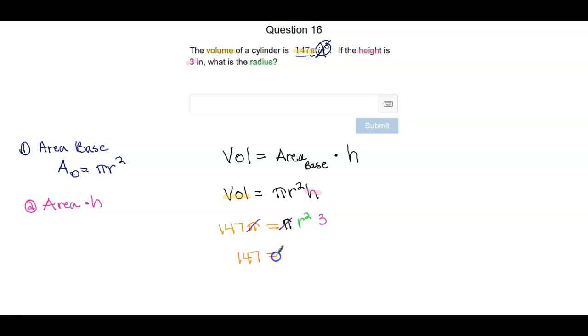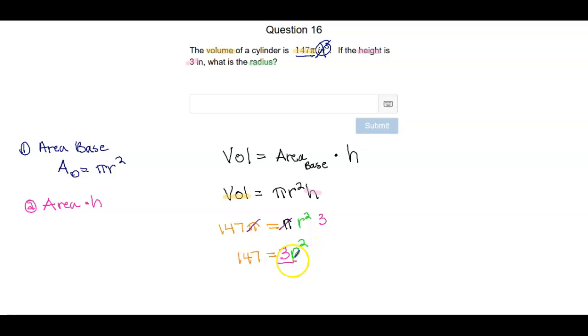And so what we're left with is 147 is equal to radius squared times 3. Ultimately what we want to do is get the r completely by itself. So we need to get rid of this 3 first. So this is 3 times r squared.